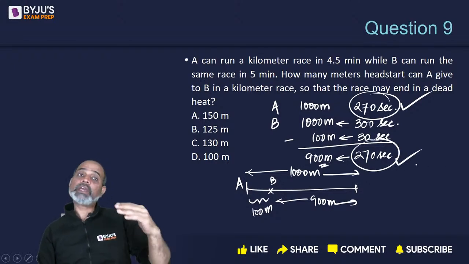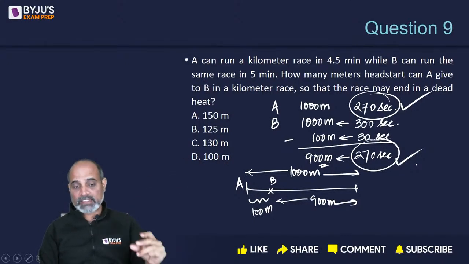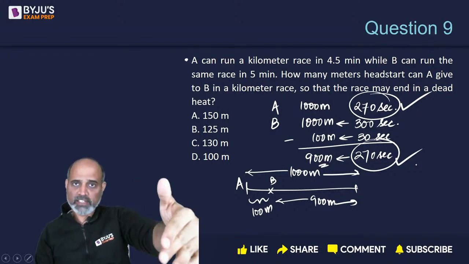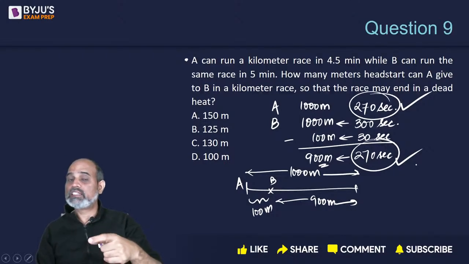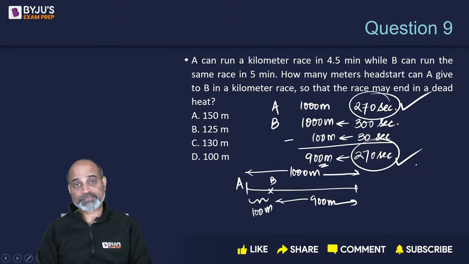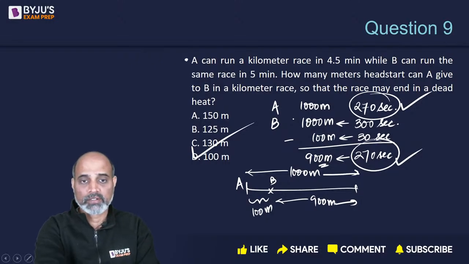So A asks B, you go ahead and stand 100 meters ahead of me. And then the race begins. When the race begins, B is initially at the beginning. By the time B reaches the finishing line in 270 seconds, which is 4.5 minutes, A will also be able to do the same. So that's 100 meters ahead. That's what B should be of A, right?